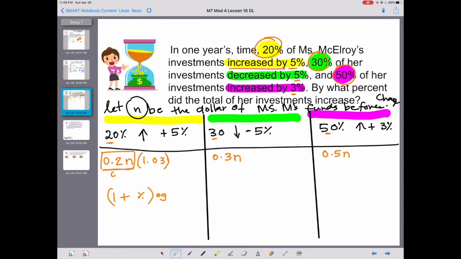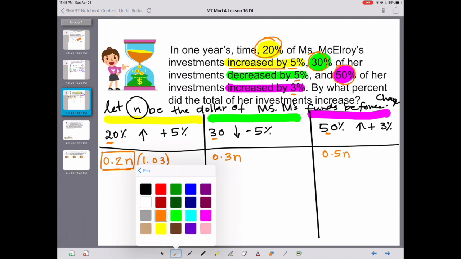In this case, this is the original. So 1 plus 3%, 3% looks like that, and multiply by the original, which is 2/10 n. If I add this and multiply it by 2/10 n, I'm going to get some number. I'm going to let you figure out what number you get, because I'm not going to solve this. There's no point in me solving it, because you're going to solve it.